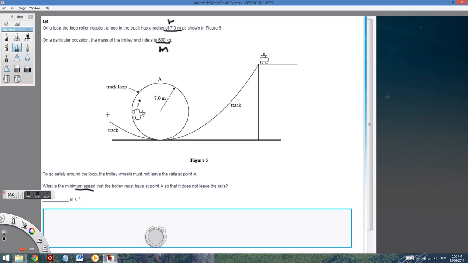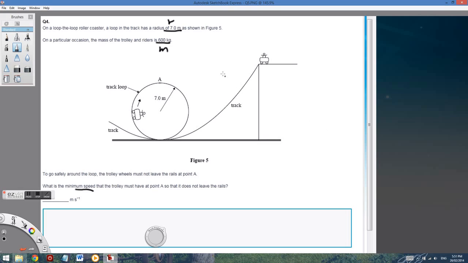The idea is, if the trolley moves on the track too slowly, it will fall when it's on top of the track. Here, it will fall. However, if the trolley moves fast enough, it will be able to travel through the track safely. So they ask me for the minimum speed.